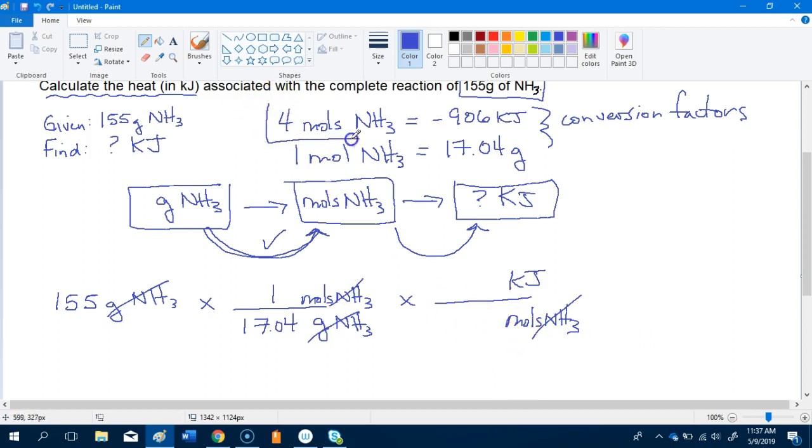And then the conversion factor I'm going to use is this. So that's 4 moles of NH3 is equal to negative 906 kilojoules of energy that's emitted. And that's going to leave, now that I've canceled out all of my units, kilojoules as my units. My last step is to do the actual calculation.